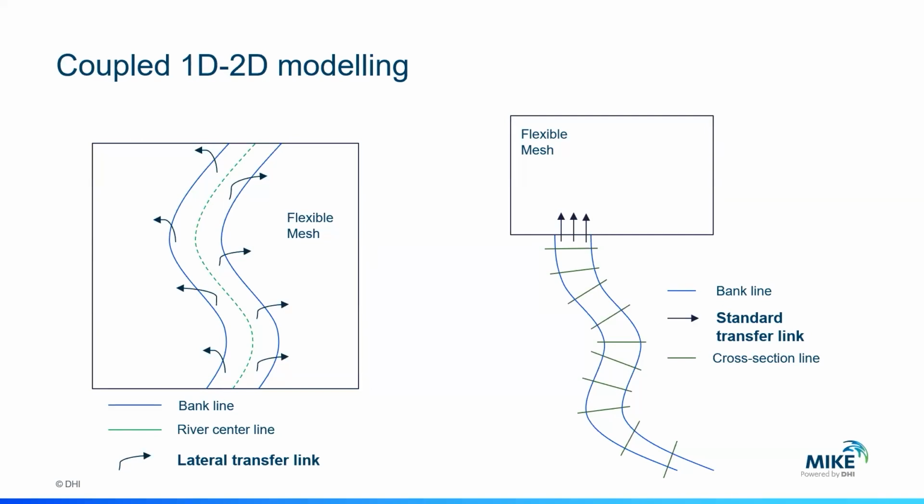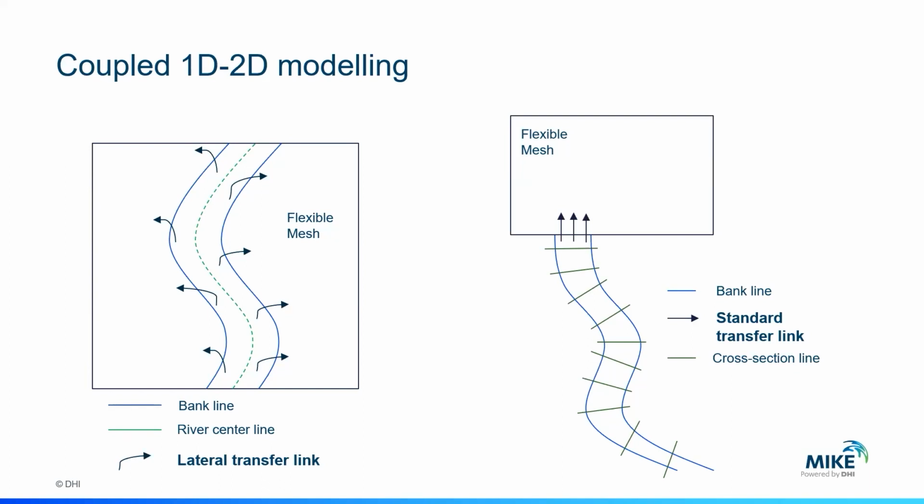On the right side, we can see the second type of approach, where we have a river system on its own, and then it spills water into the 2D domain using a standard link structure. The standard link structure can also transfer water from the 1D to the 2D domain and vice versa.